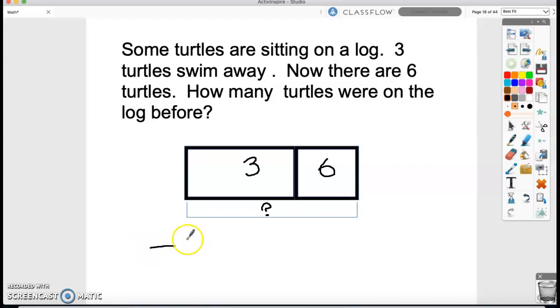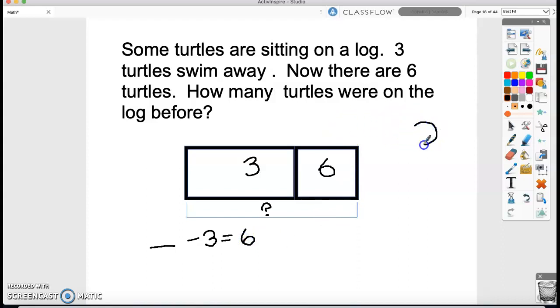But I do know that 3 turtles swim away. So I know that that would be minus my 3 turtles that swim away. And I know that that equals there are now 6 turtles on the log that are left over.